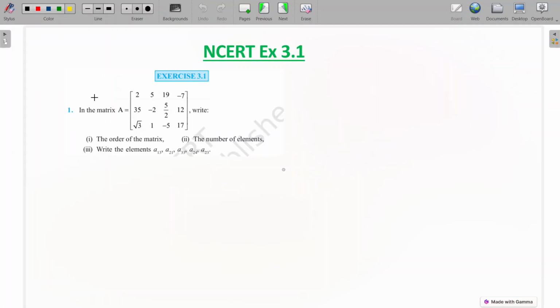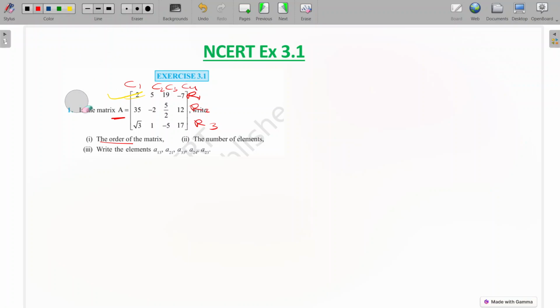So this is the first question. Let's change the color. Here the matrix A is shown as this. This is given as the matrix, right? The order of the matrix. So here we can see in this matrix the number of rows are R1, R2, R3, and the number of columns are C1, C2, C3, C4.